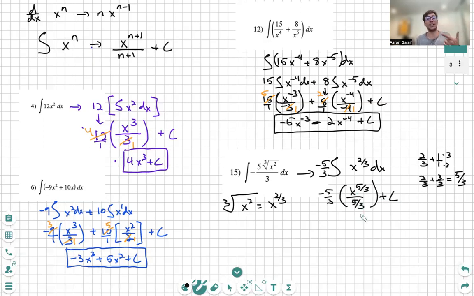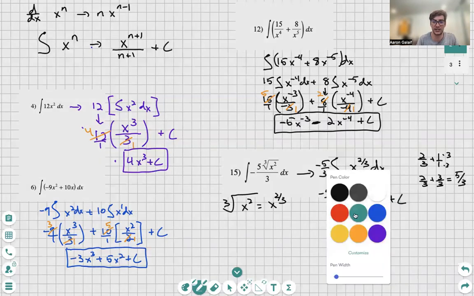We need to keep cleaning this up because when I have a fraction in the denominator, we know we have to multiply the top and bottom by the reciprocal, 3/5, which will then cancel.